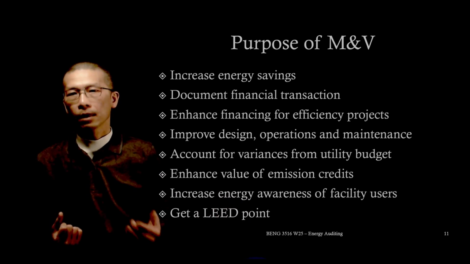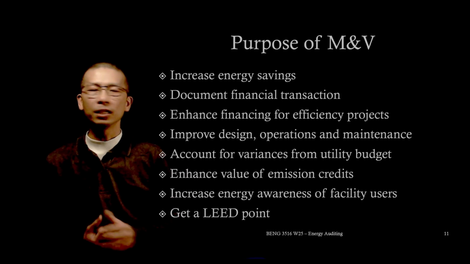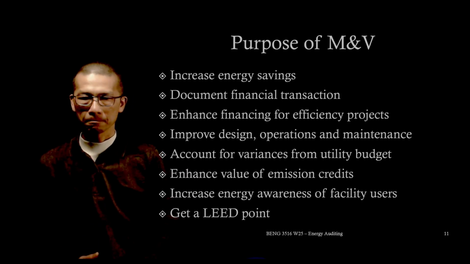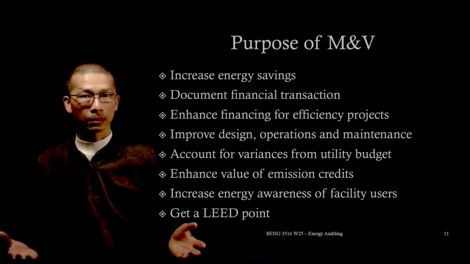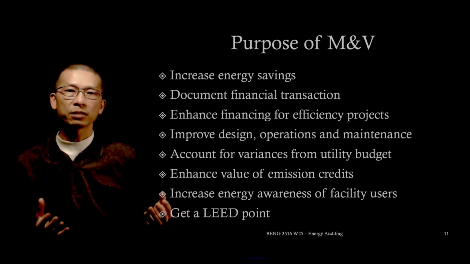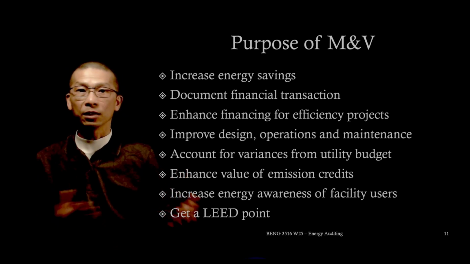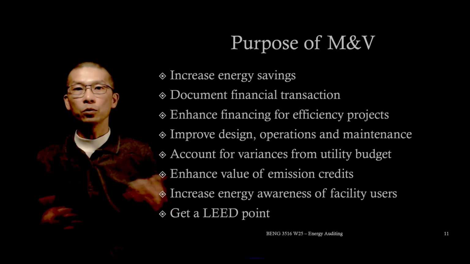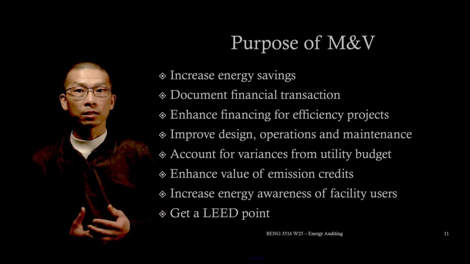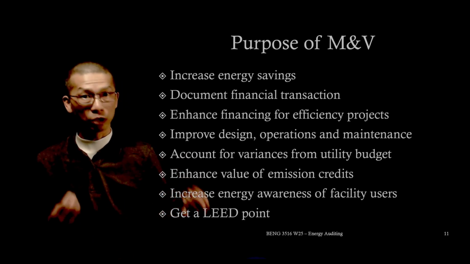Also, account for variance from the utility budget. Organizations rely on estimated utility costs for budgeting, right? MMV helps explain unexpected increases or decreases in energy bills. For example, a new process increases energy demand if there's a change in the process.